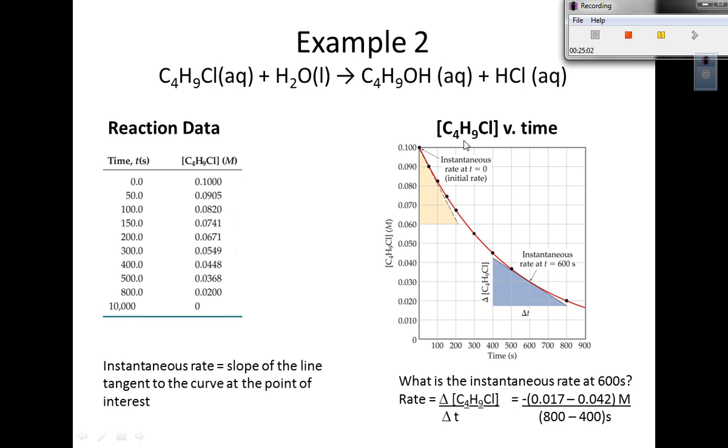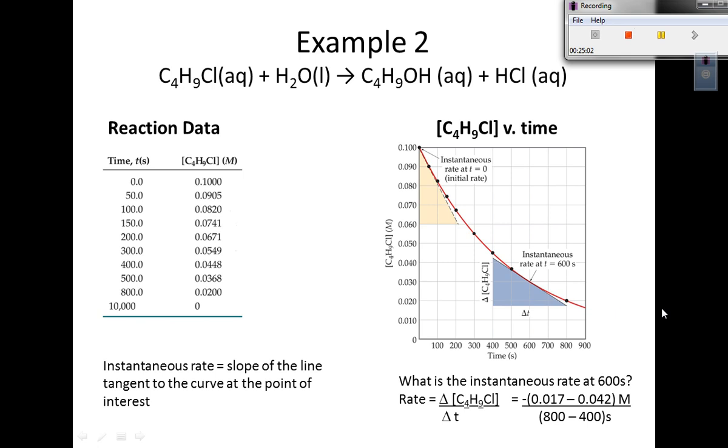Is this a reactant or a product? It's a reactant. And look at its concentration. It's going down. Does that make sense? Yes, because we're using the reactant. Now, why is this a curve and not a straight line? Because it gets slower.